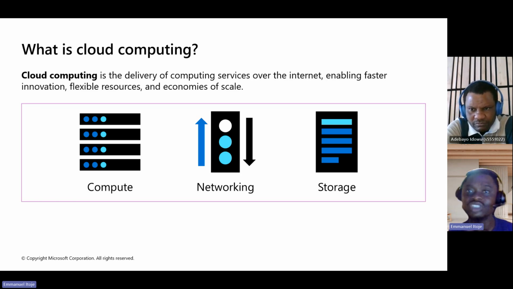We have a lot of them: DigitalOcean, IBM, Oracle Cloud, Alibaba Cloud. Depending on the cloud service I want to work with, I check that the provider's services are in line with our organization's IT and infrastructure strategies.